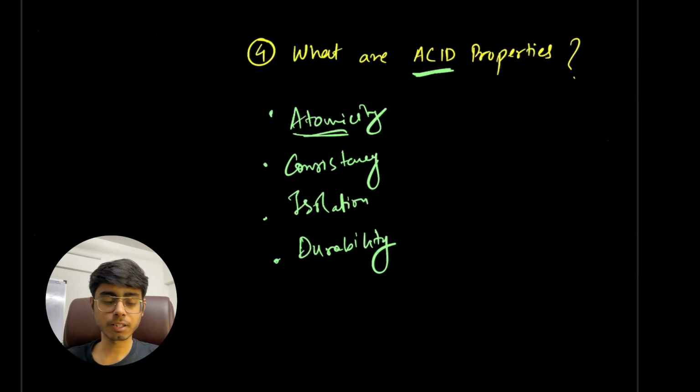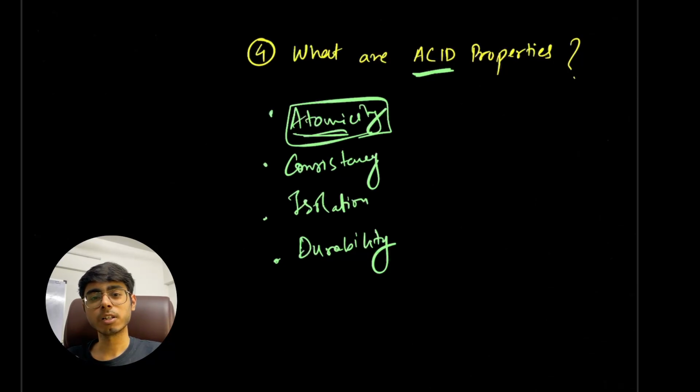It's never like the money is never returned, or the payment is stuck somewhere in between, where from my side the entry is debited but in my friend's account the amount is not credited. If these failures started happening, then banking applications would be useless, right? But because we have the atomicity property with relational databases, this can never happen. Either the transaction will be successful or it will fail, right?